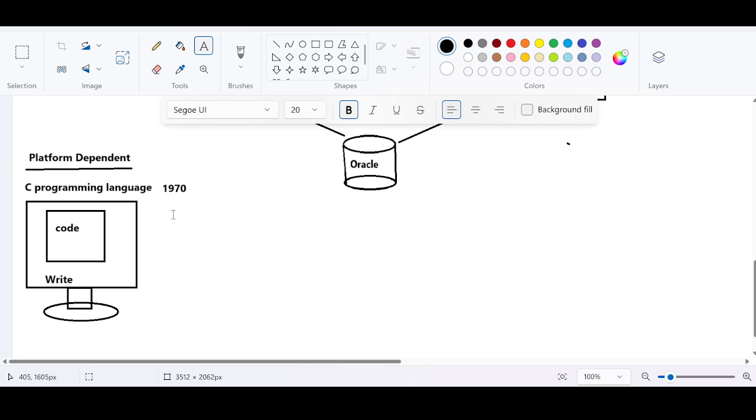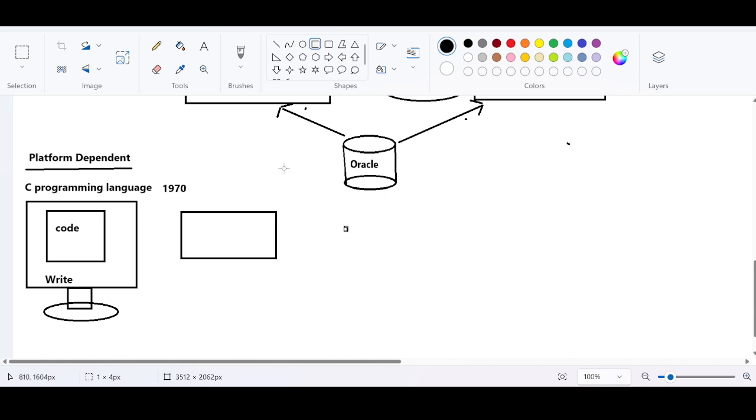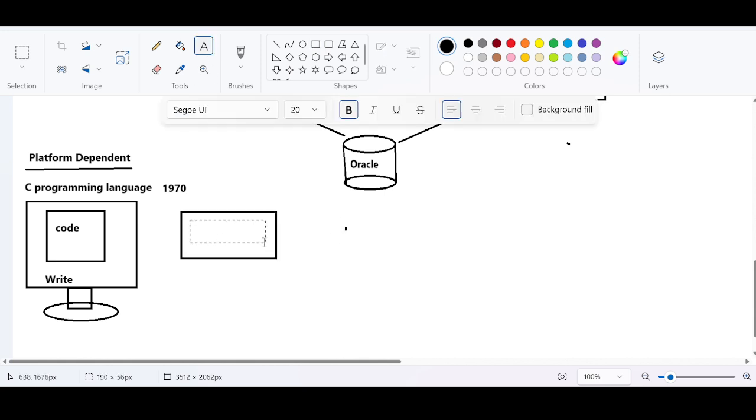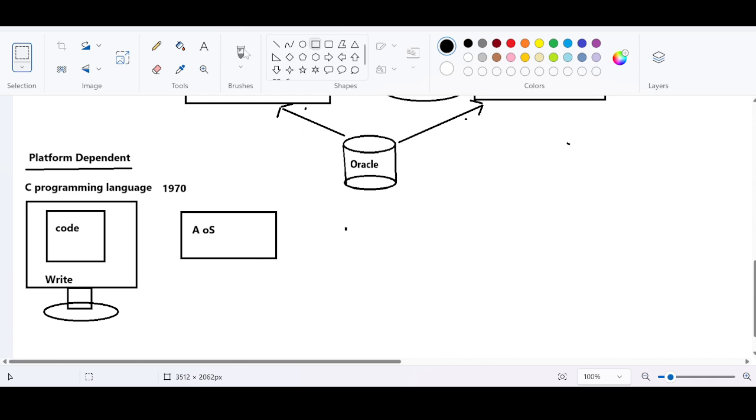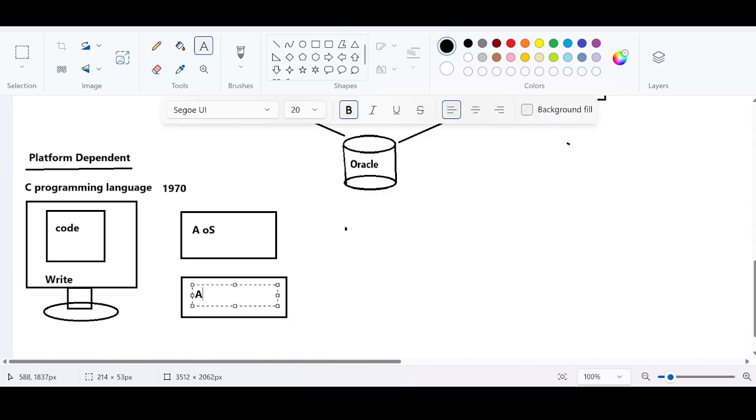So let us assume you write in an operating system called A operating system, AOS. The code is written in the A operating system, and the same code has to be executed in the A operating system, AOS.